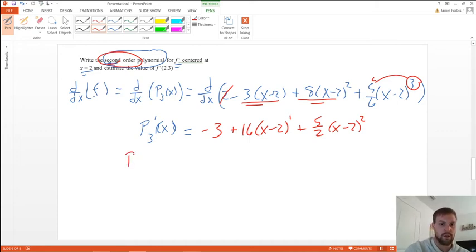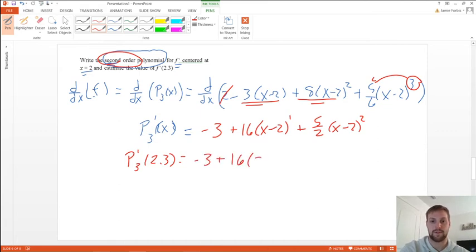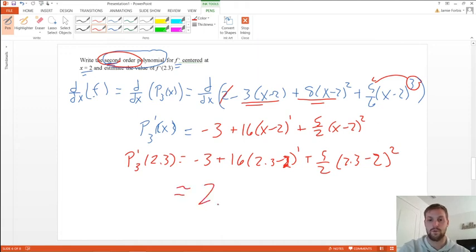So if I want to do p prime of order 3, which I guess in this case is 2, but that's fine, of 2.3, that's going to be equal to negative 3 plus 16 times 2.3 minus 3 to the first plus 5 halves times 2.3 minus, I don't know why I wrote 3 here, that should be a 2, minus 2 squared. And if you type that out in the calculator and simplify it out, it's 2.025.